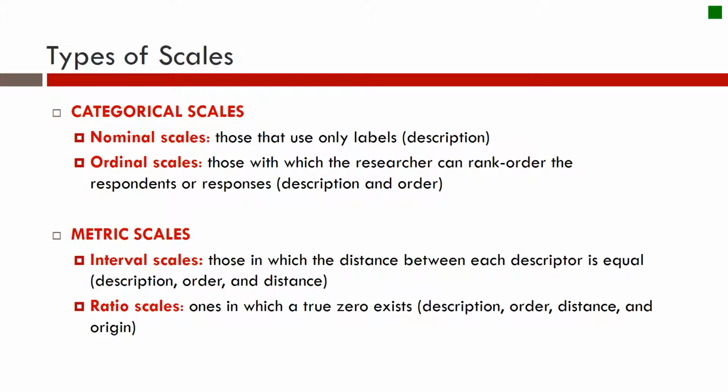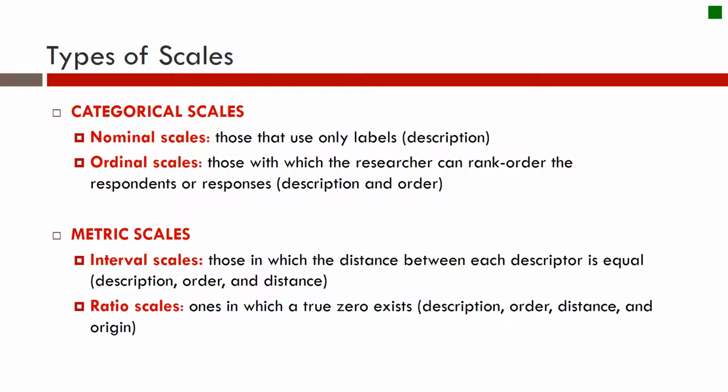Okay, so nominal scales are scales that have description, but they don't have any of the other properties. For instance, gender would be a good example of a nominal scale. So we have male, we have female, and we're not saying that male or female has order.